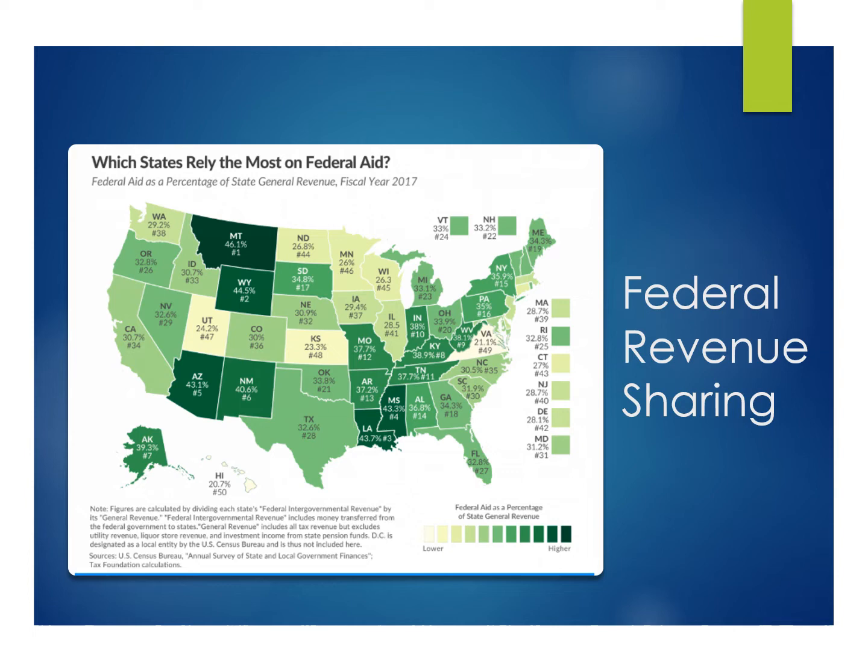What this basically shows is the percentage of money in a state's budget that comes from the federal government. So you can see in Ohio, we're kind of in the middle of the pack. About a third of our revenue comes from the federal government, which means 2/3 of it comes from state sources.